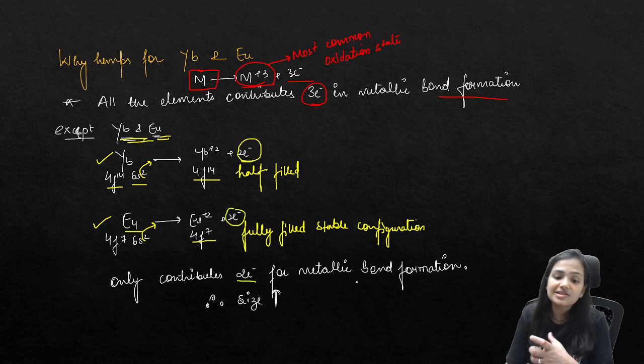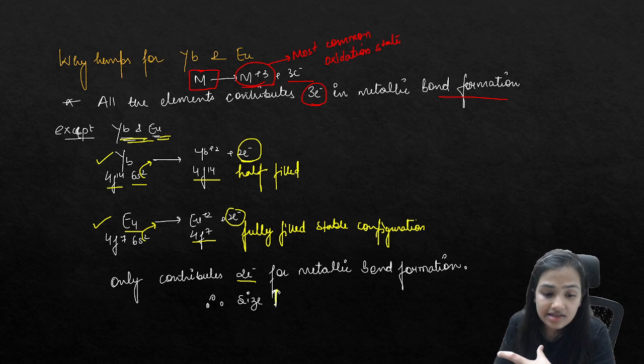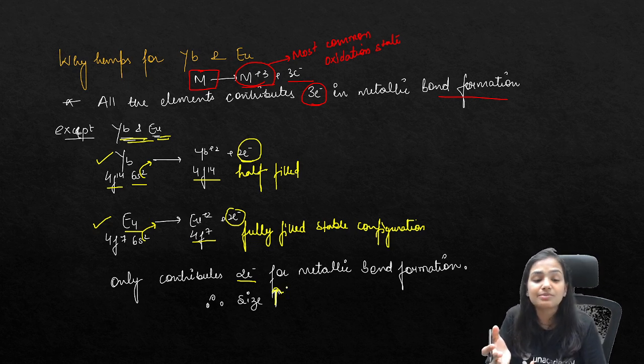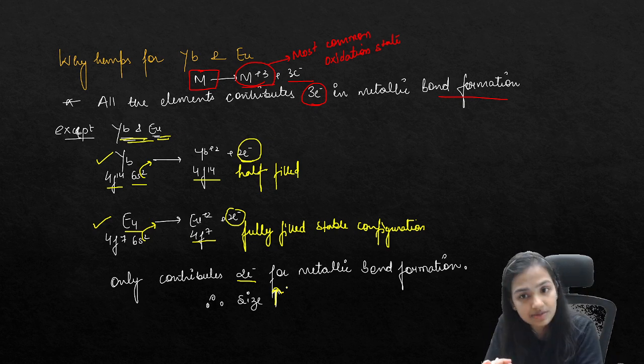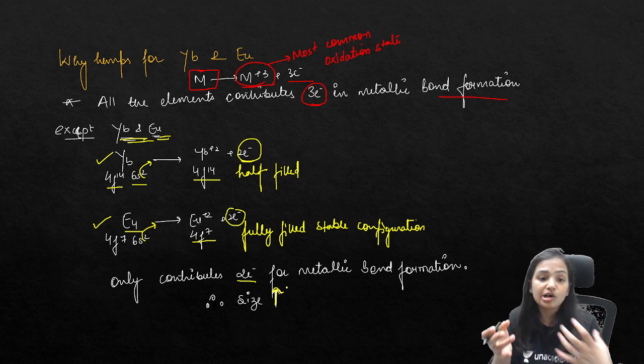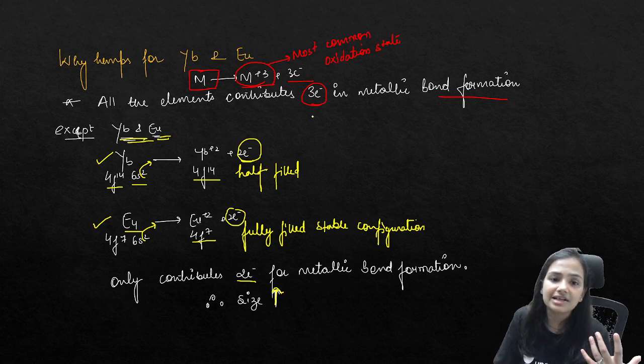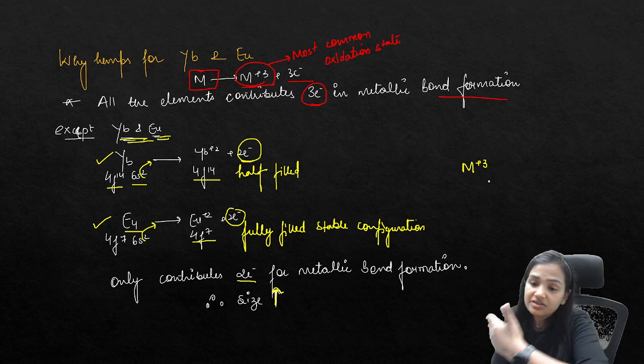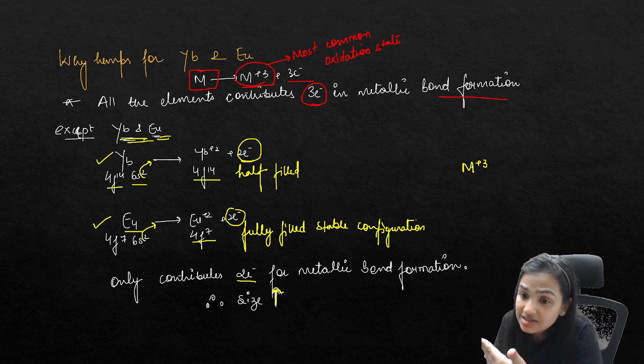And so because of this reason, the size increases, because only 2 electrons are participating in the metallic bond formation, but in the others 3 electrons are participating. Or in another way, you can also understand it like this: if any species is in its plus 3 oxidation state, as the positive charge increases, the size decreases.